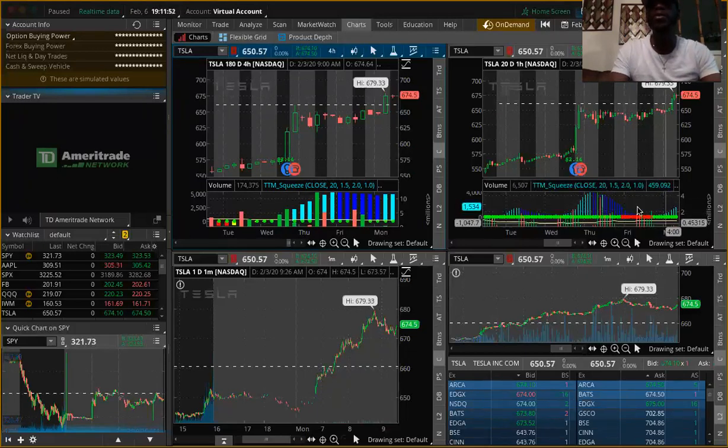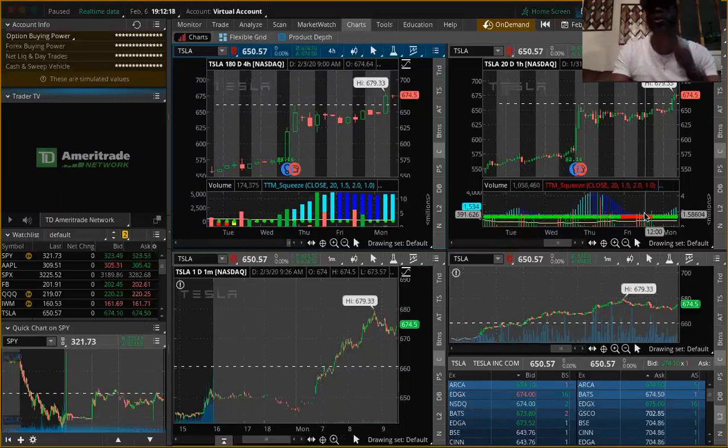But the important part that you need to understand is that when you see these red dots, that means the stock is trading within that range, and sooner or later, you're going to get a bigger than expected move. Now, that is very important because the premium that you're buying, which means the contract that you're purchasing, is going to be relatively cheaper than it would be outside of this range.